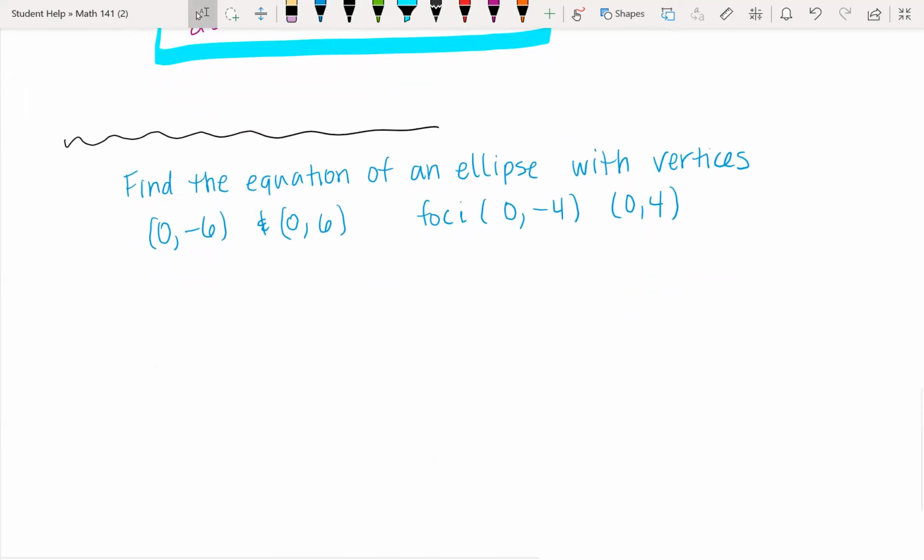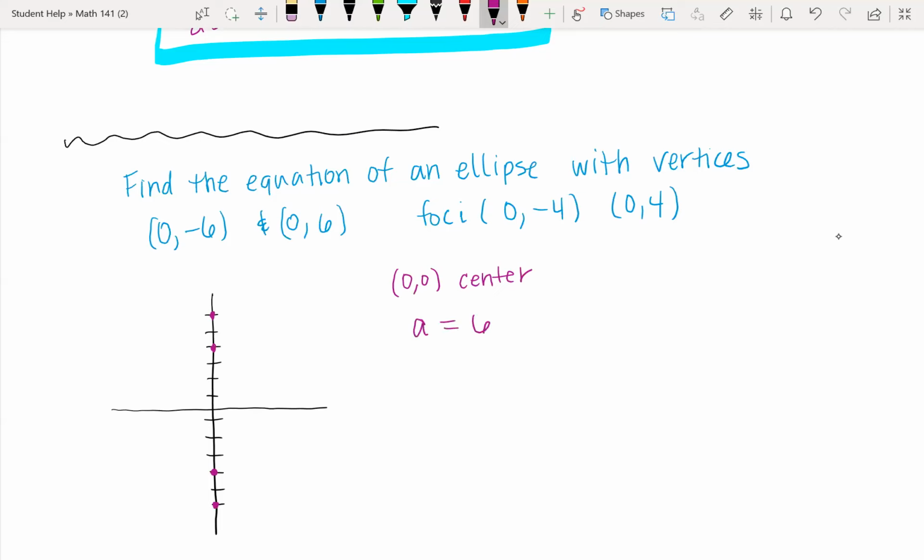So this one seems like it's going to go in the direction of y. So my two vertices are here and here, and the foci are here and here. So it still looks like the origin is going to be the center, right? We know that the length of A is going to be 6, that's on the major axis, and the length of C is going to be 4, because that's from the center to the focus point.